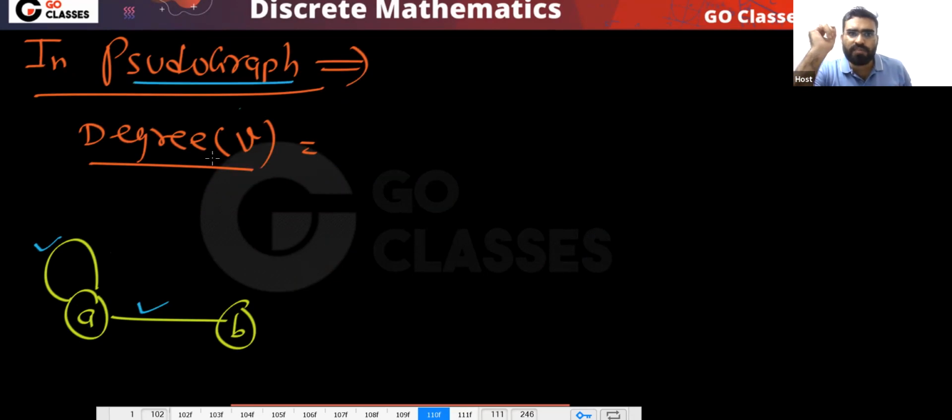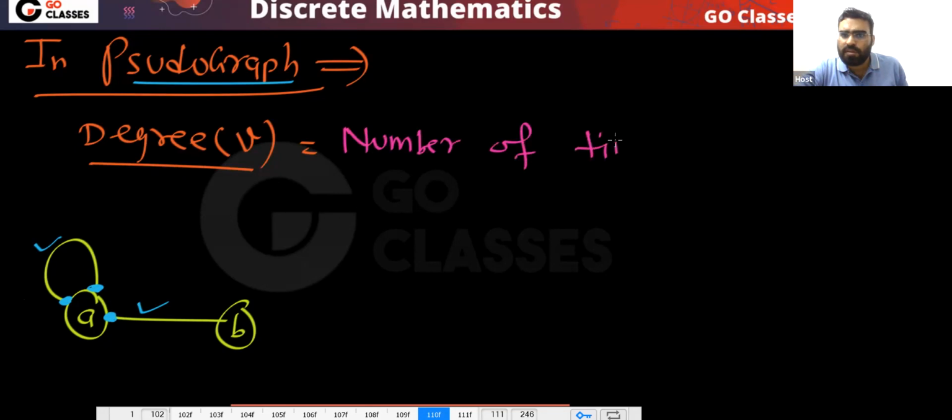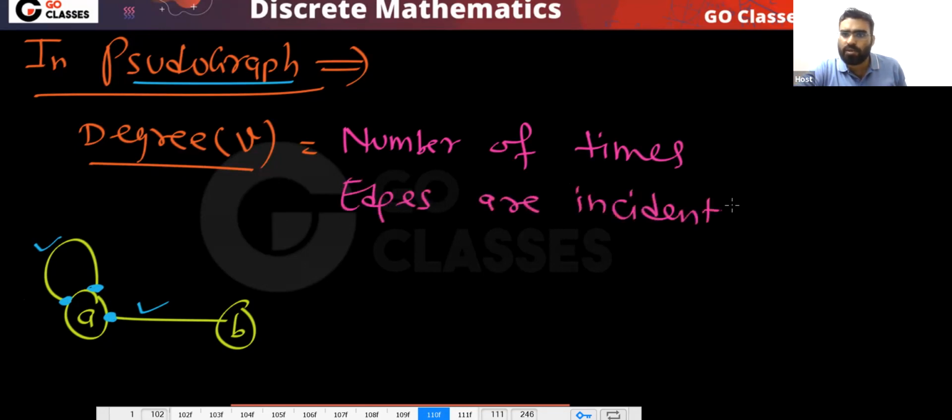So in pseudograph, degree is defined like this: the degree of a vertex is the number of times edges are falling on a vertex, edges are incident on V. Is this clear?